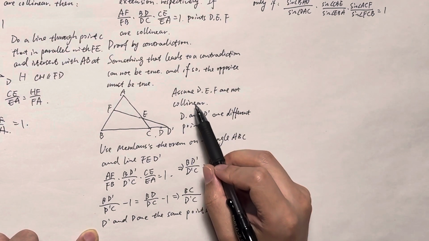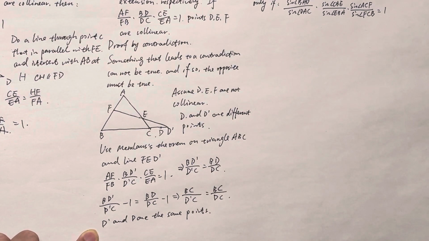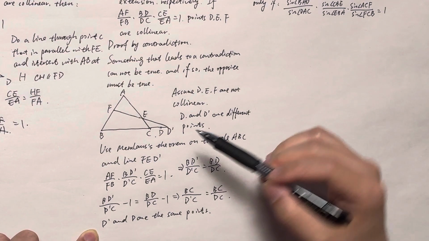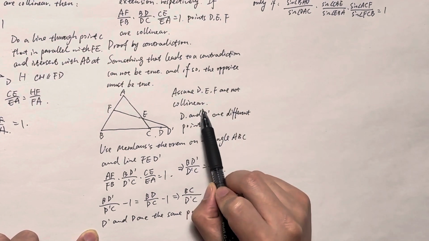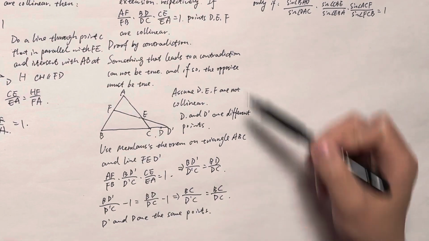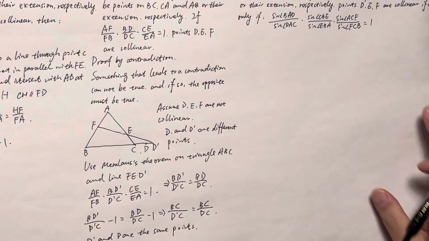Our assumption is wrong, which means the opposite of the assumption is correct. So the opposite of the assumption is that D, E, F are collinear. So we prove the converse of the Menelaus theorem.